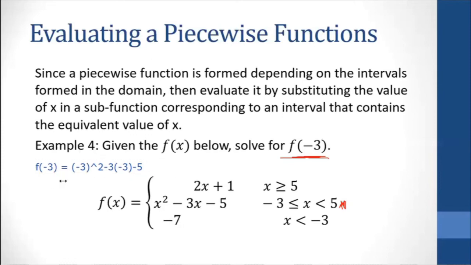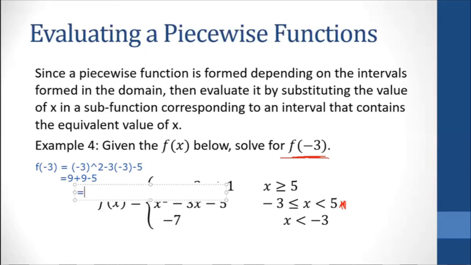Tingnan natin. Kapag in-evaluate natin yan, so we have (-3) squared, and that is +9. Then -3 times -3, that is +9 again. And the constant -5. Okay. Then yung last na 9 plus 9 minus 5.